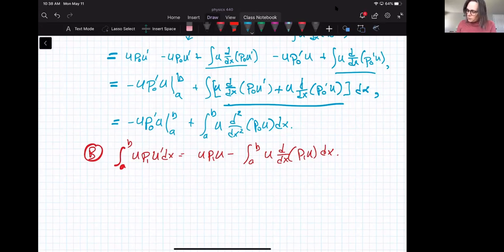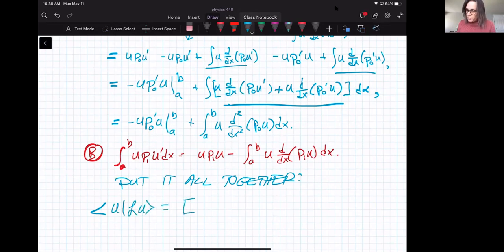So if we put this all together, we have that u L operating on u is equal to, we combine basically the boundary terms, u of x times p1. And remember, these p's are functions of x.